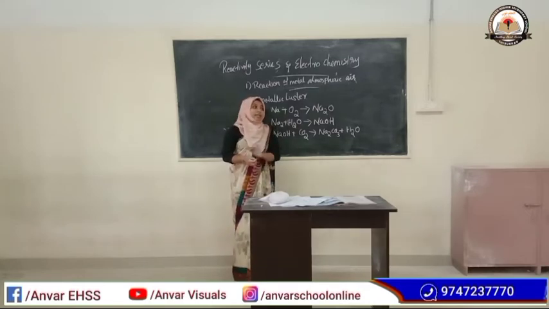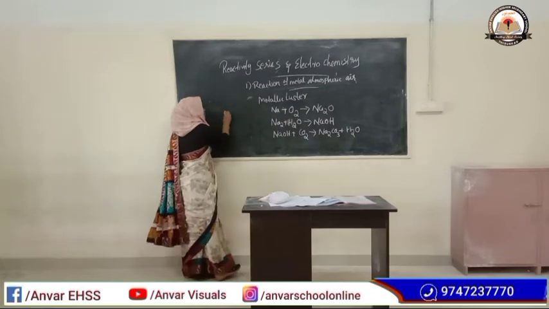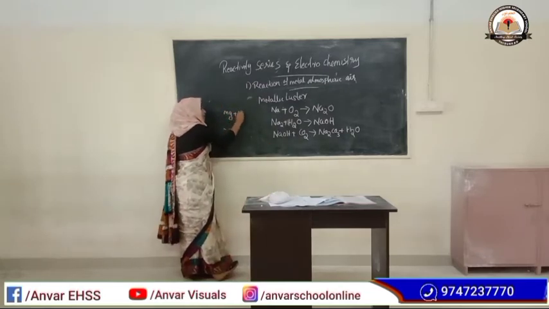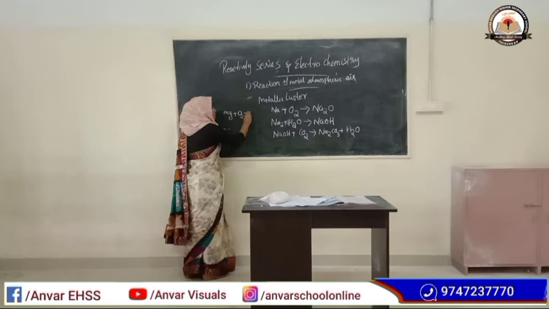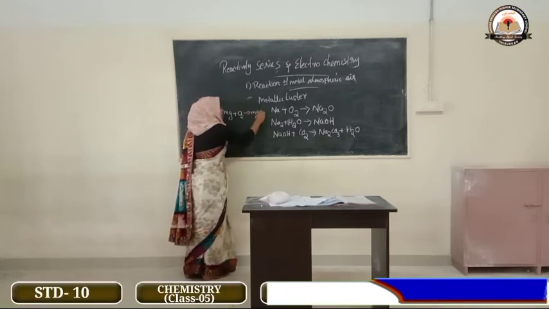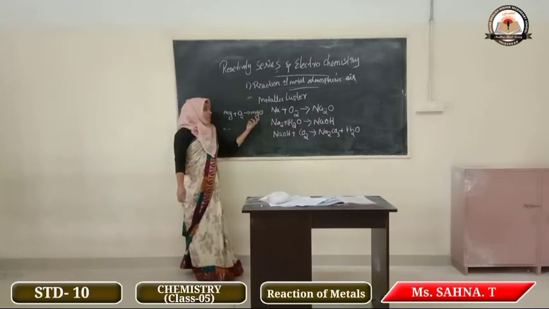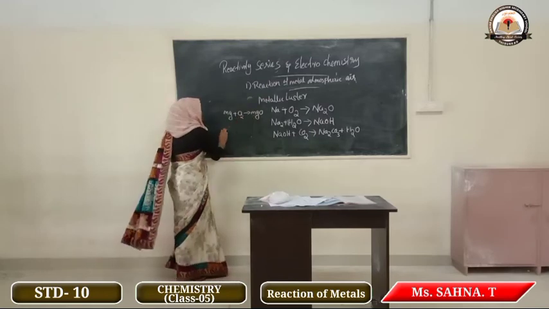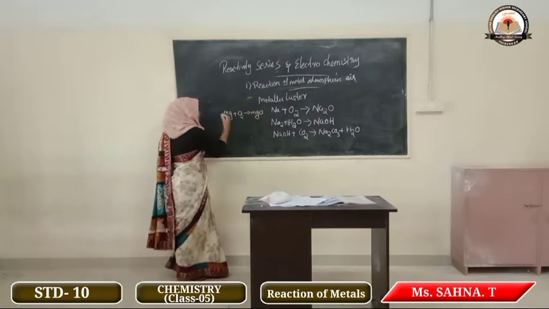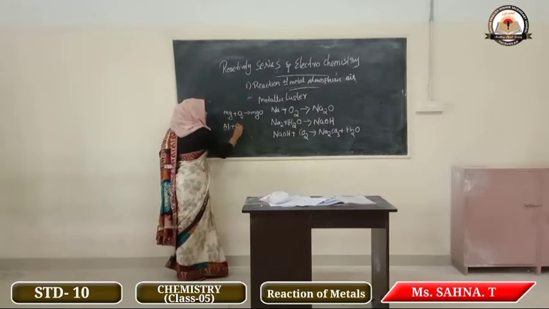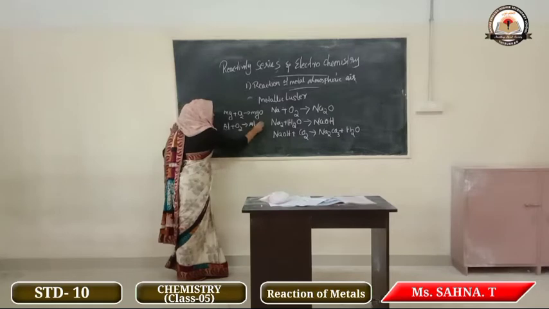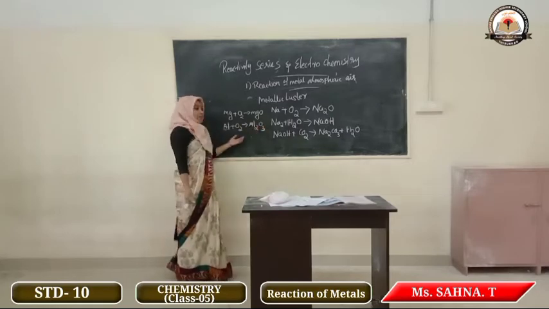Okay, clear. Next metal is magnesium. Magnesium reacts with oxygen and forms magnesium oxide. Then another metal is aluminium. Aluminium reacts with oxygen and forms aluminium oxide.